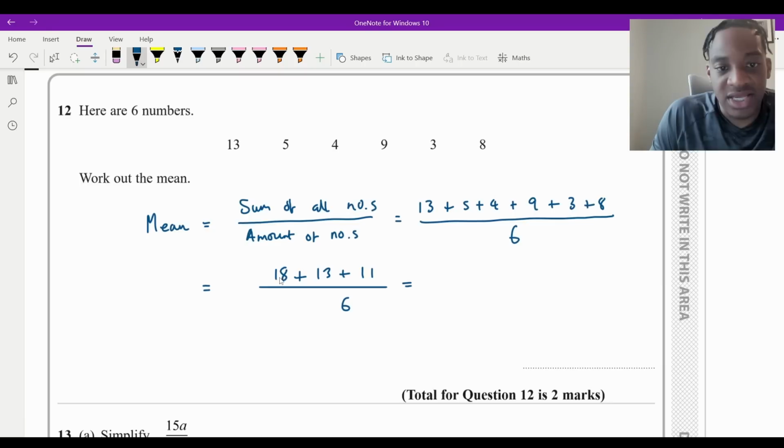Now, 18 plus 13 is going to be 31. And I'm going to add an 11 like this here. 31 plus 11 is just 42. 42 divided by 6, you should know your times tables. This is just 7. So therefore, the mean is just 7. And that's it for question 12.